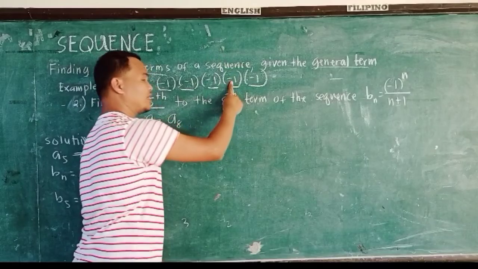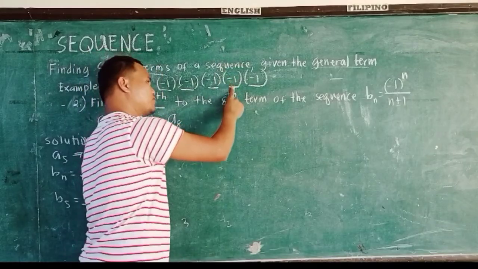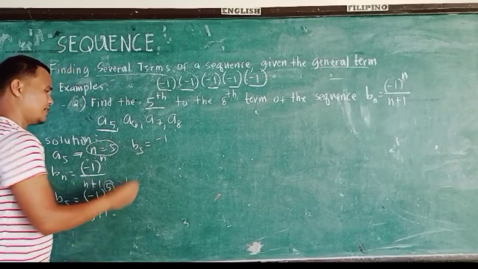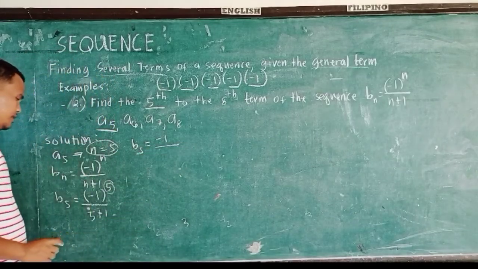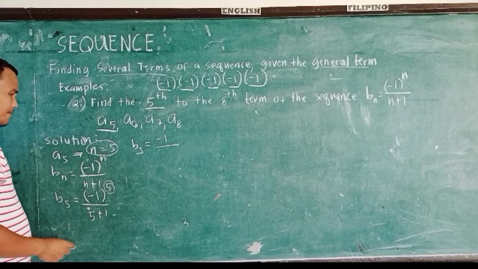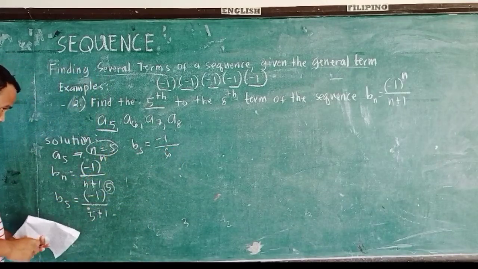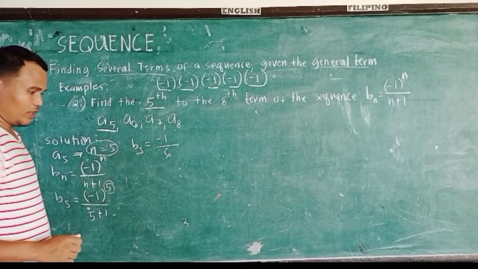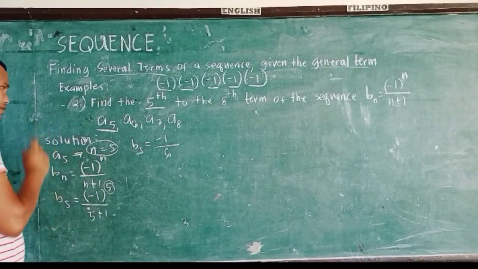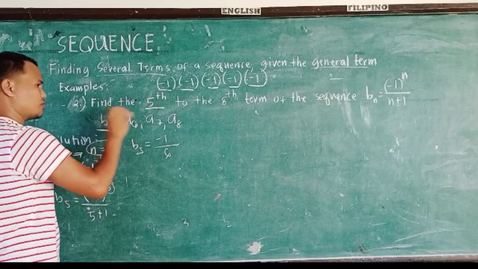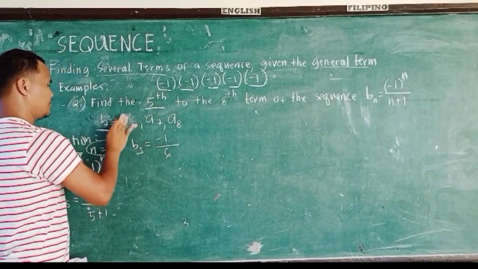Negative 1 times negative 1, that's positive 1. Positive 1 times negative 1, the result is negative 1. Okay? Over 5 plus 1, that's equal to 6. Therefore, the fifth term is negative 1 over 6. That is for the fifth term. Sorry, this is not A, but this is B, because we are using B.